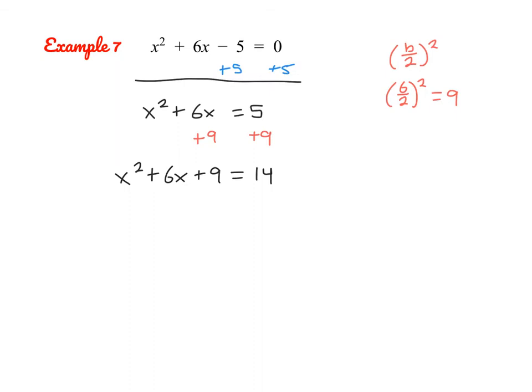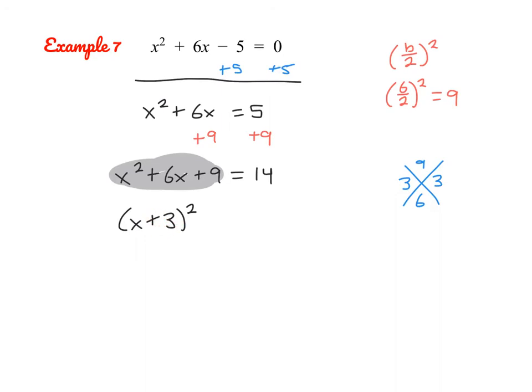Now our next step says to factor the left side of our equation. Again, we can factor this using magic x: what two numbers multiply to make 9 and add to make 6? 3 and 3. So you should end up with the same two numbers, which gives us the same factor, x plus 3 squared.